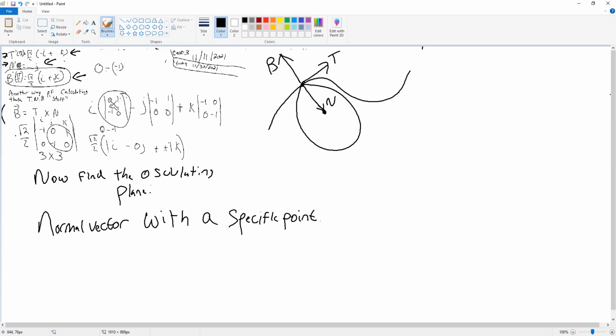Is the oscillating plane pretty much in line with T and N and perpendicular to B? Yeah, so basically what we're gonna have is, can I borrow someone's paper? Perfect. Thanks, sir. All right, so. Visuals always work.